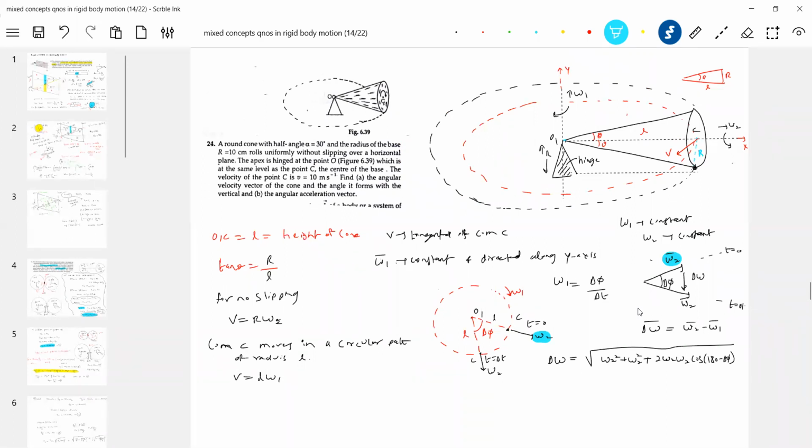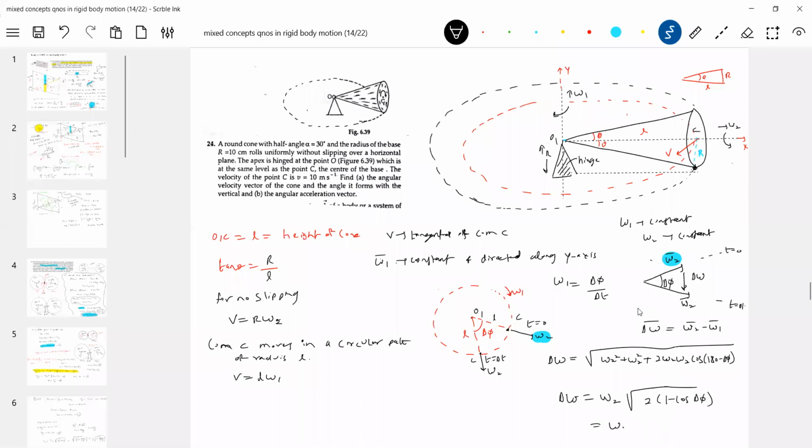So substituting this, how much will I get? Delta omega is equal to omega 2 times root of 2 into (1 minus cos delta phi).